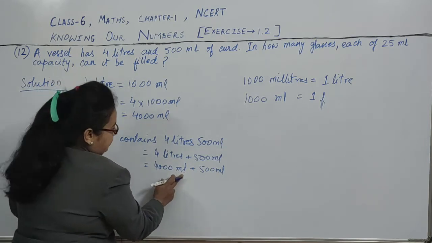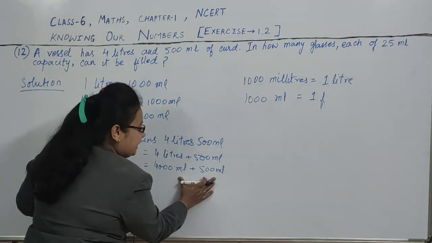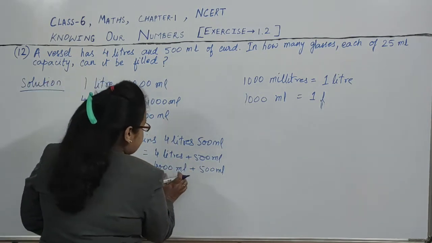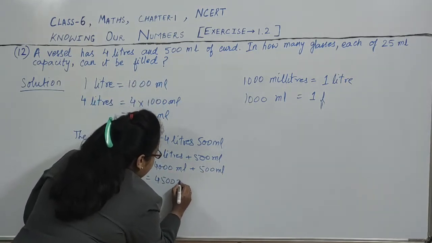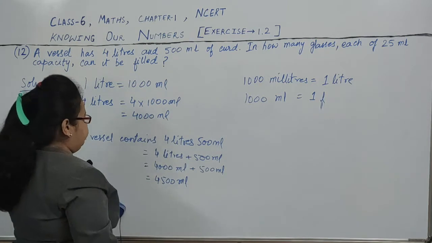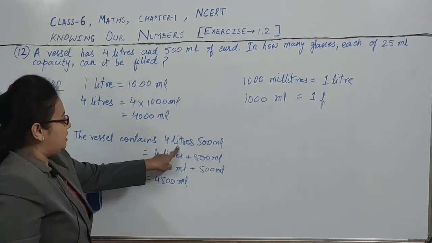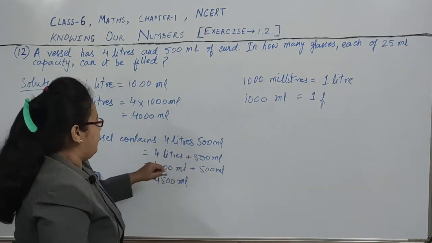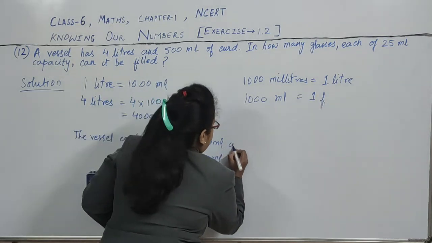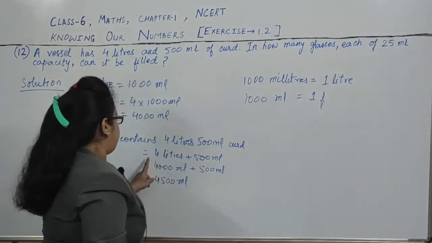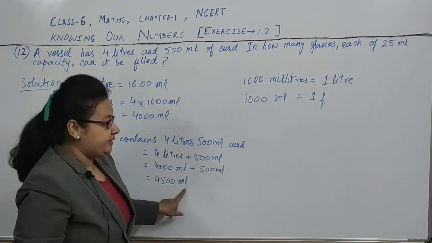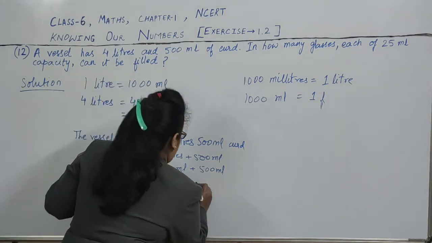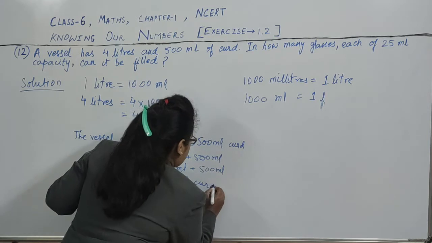See, now both are in milliliter, we can add it. 4000 plus 500 will give 4500 milliliter. So the vessel contains 4 liters 500 ml curd, which is equal to a total of 4500 milliliter curd.